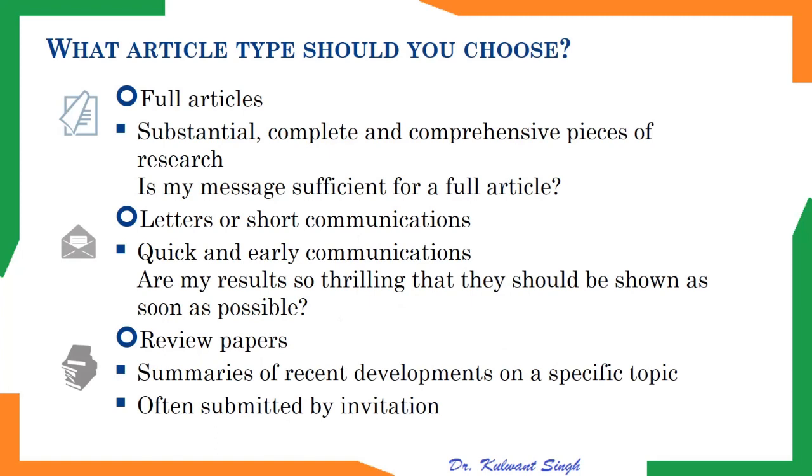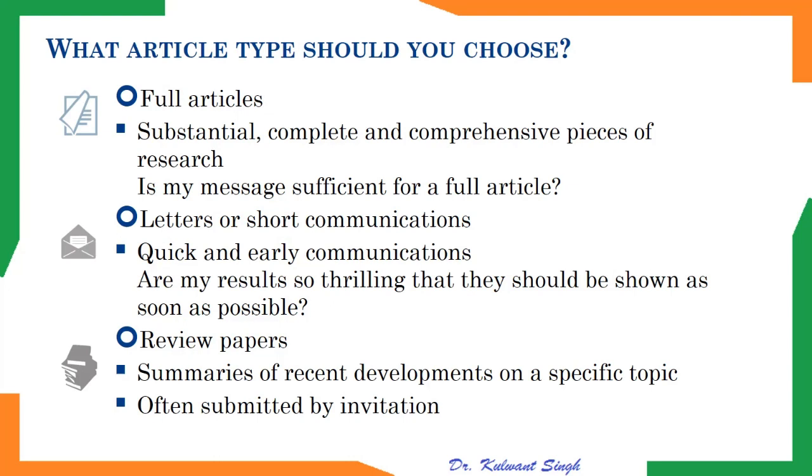Now, suppose you have done this task and you feel that your work is advanced. Which type of article should you choose? We have included three types of papers. First is the full article, which is a substantial, complete research paper.